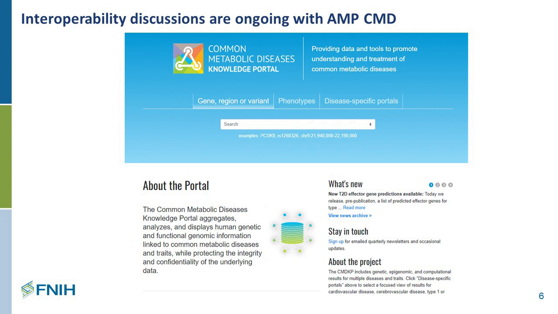Just one word about upcoming collaborations. So you saw at the beginning, many of the other AMPs have created large volumes of data, and there's a common metabolic diseases AMP, which addresses a number of different diseases together because they may have common underlying molecular mechanisms and drivers. That includes cardiovascular disease, obesity, type 2 diabetes, liver disease, kidney disease.